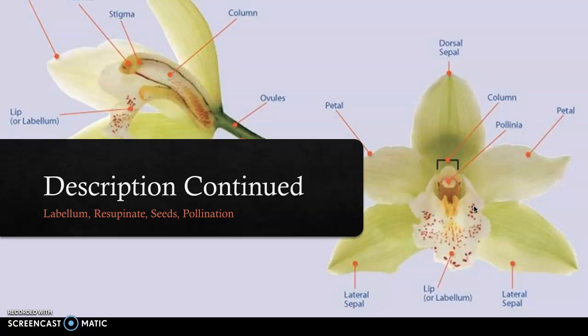This is a very important plant for many reasons. The orchid has resupinate flowers, and this means they appear upside down. The seeds are in the vanilla pods, and pollination, as I said, is very important and specific with these flowers, and that is where the lip or labellum comes into play.